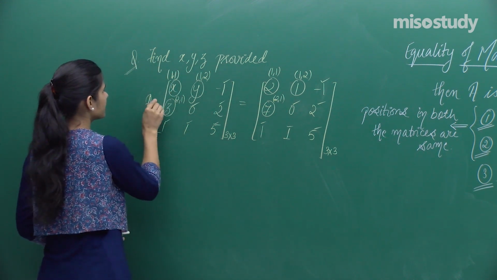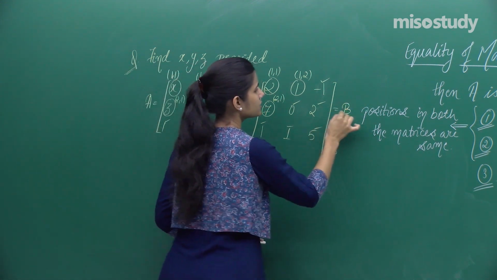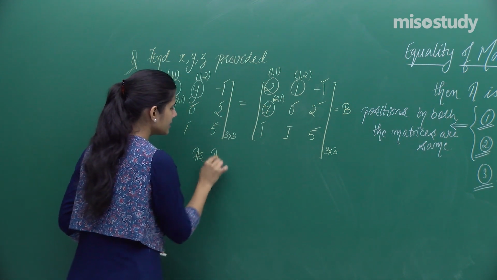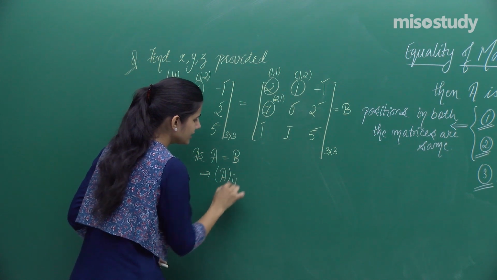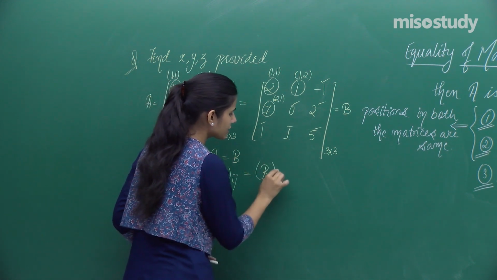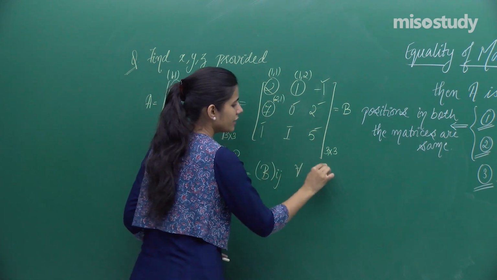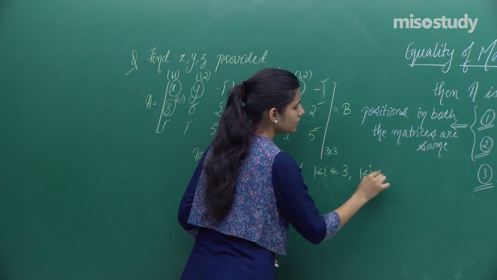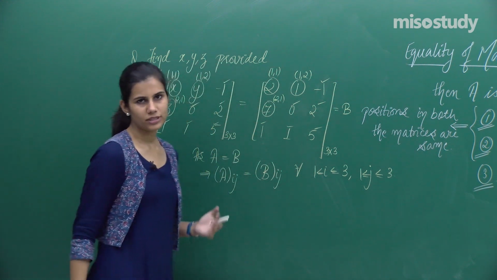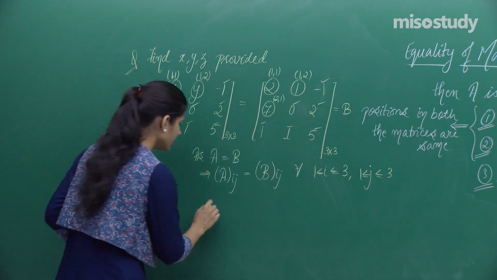So, say this is matrix A, say this is matrix B. As A is equal to B, this implies matrix A's ijth element will be equal to matrix B's ijth element for every i and j varying from 1 to the common number, because they have the same number of rows and same number of columns.